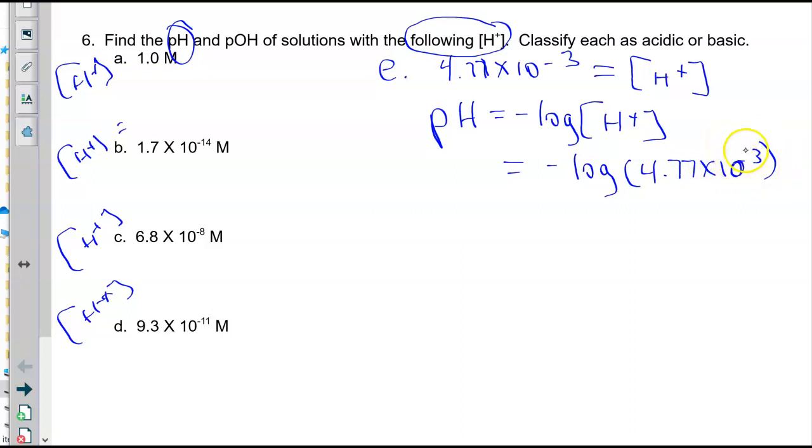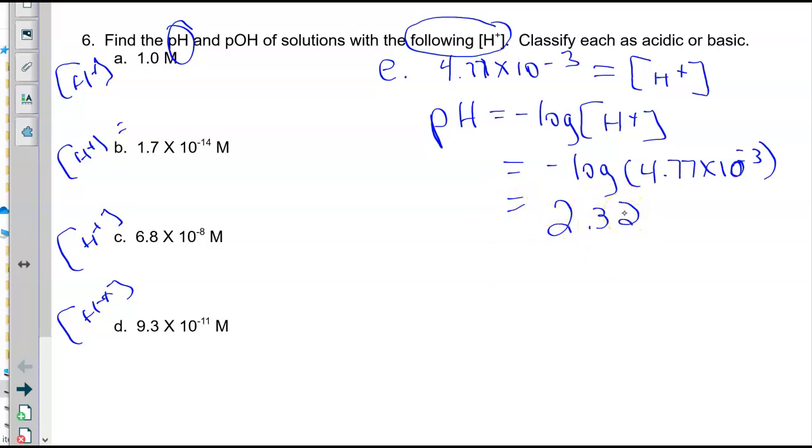We grab our calculators and enter 4.77, then the EXP button, the EE button, or the times 10 to the N button, 3 negative. And I get a pH of 2.32.